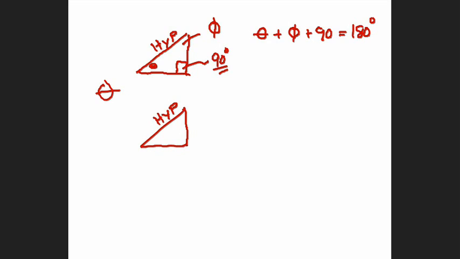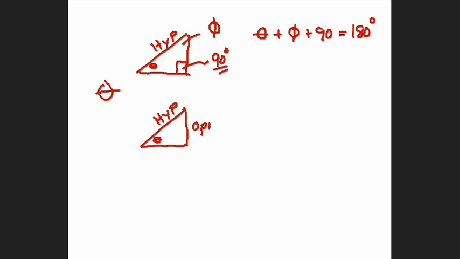If we are looking from this angle right over here, then the opposite side is going to be called opposite, and I'm just going to abbreviate that OPP. And the side right next to it is going to be called the adjacent side, and I'm going to abbreviate that ADJ. So those are the names we're going to have for the sides of the triangle.